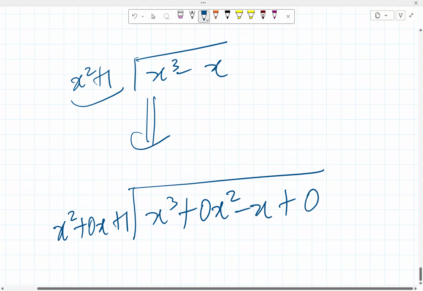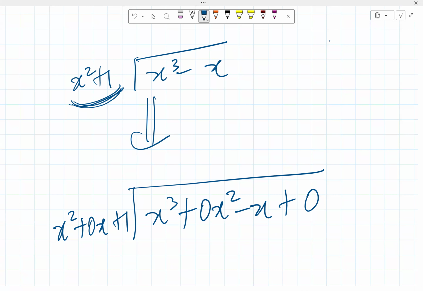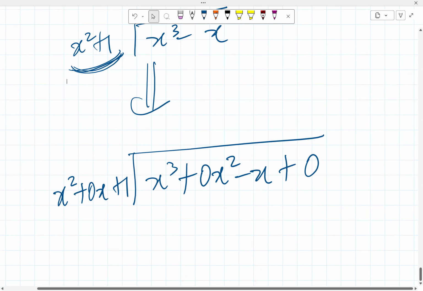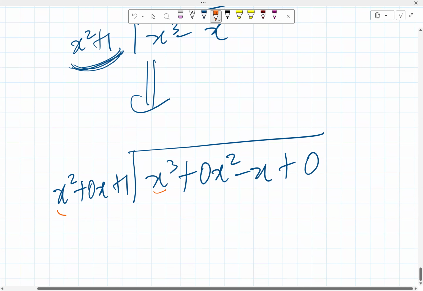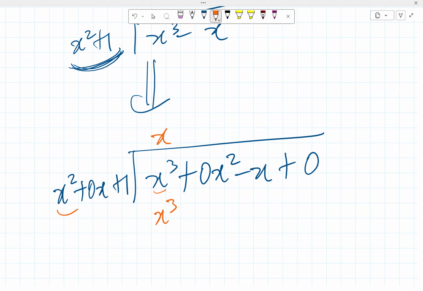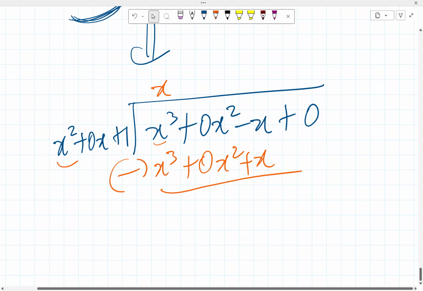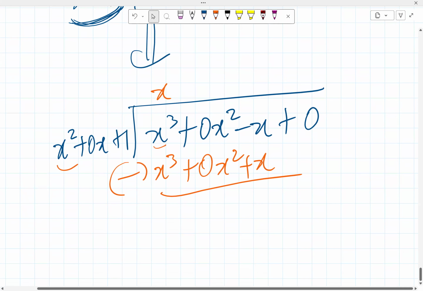You cannot use synthetic division, because that works only when the divisor is linear. So x³ divided by x² is x; x times x² is x³, x times 0x is 0x², x times 1 is x. Then you subtract: x³ - x³ is gone, 0x² - 0x² is gone, -x - x is -2x.